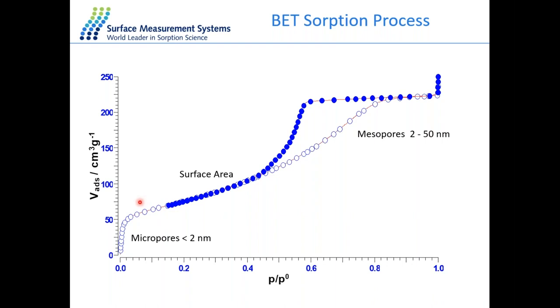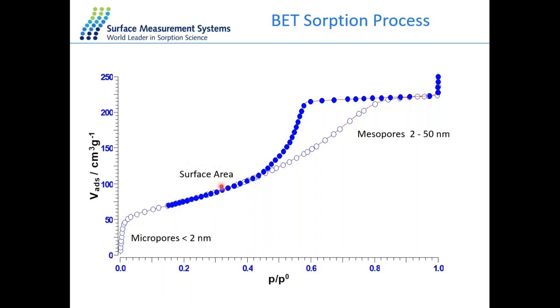If your material is microporous, which means it has pores below 2 nanometers or 20 angstroms, typically these features are at the low partial pressure regime. The surface area is typically between 0.05 to 0.35 P over P naught, and that's typically where the classic BET range is applied, in this region here, where the molecules begin to form a monolayer, and I'll show you that in some cartoons later.